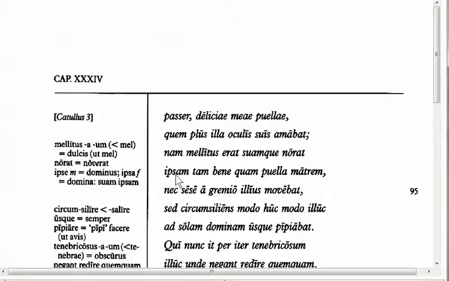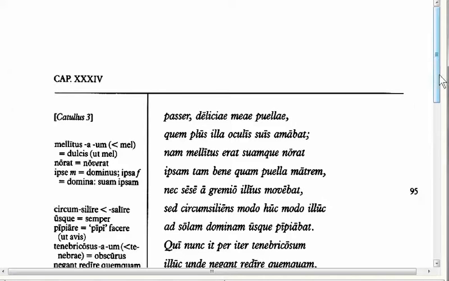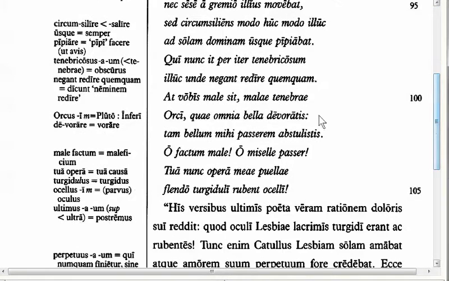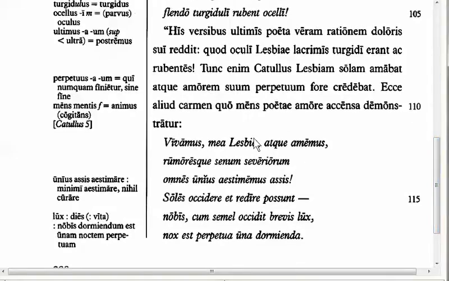The next feature is in line 112. So here we have, let's get down to 12. "Vivamus, mea Lesbia, atque amemus." I'm reading it like prose, but if we were going to read this like poetry, which it is, we would have to elide Lesbia atque.